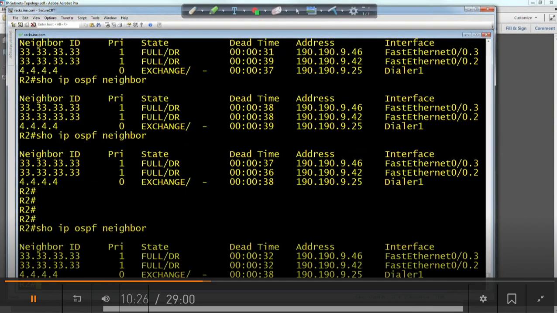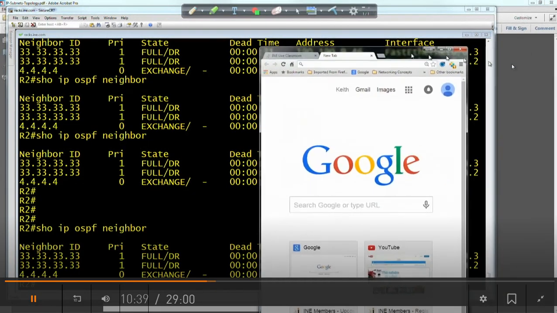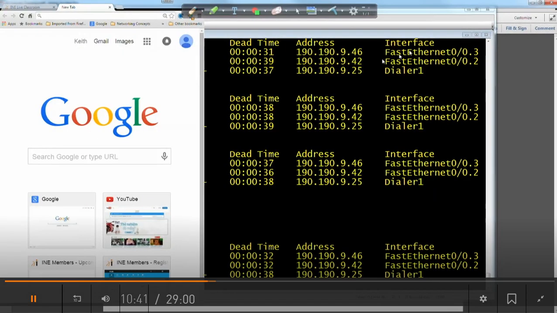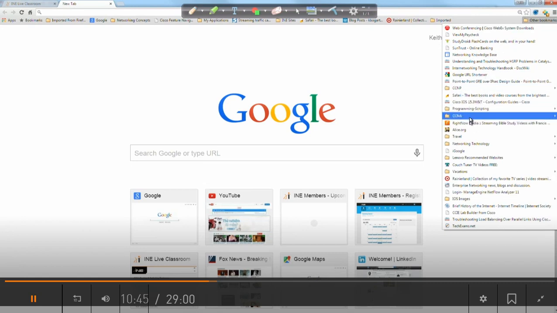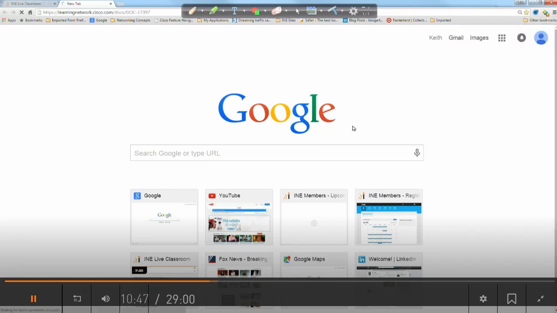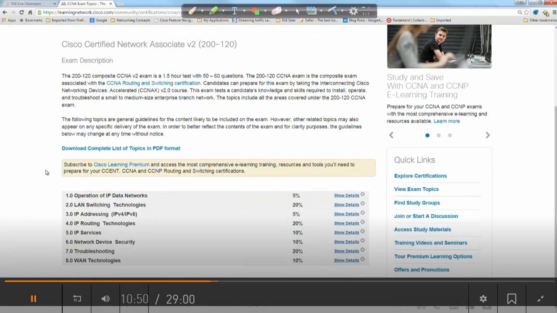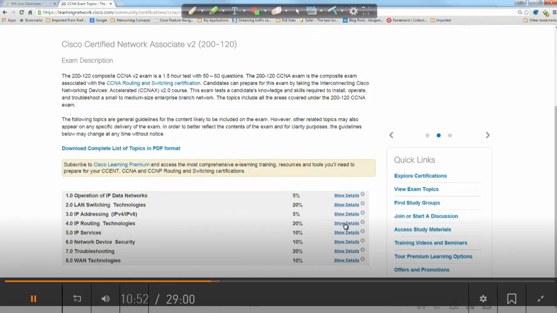Now this is not something, I don't think, actually this might be something that you, well, here, I'm going to answer that question myself. So let's go to the CCNA blueprint. Look under OSPF to see exactly what they expect you to know.